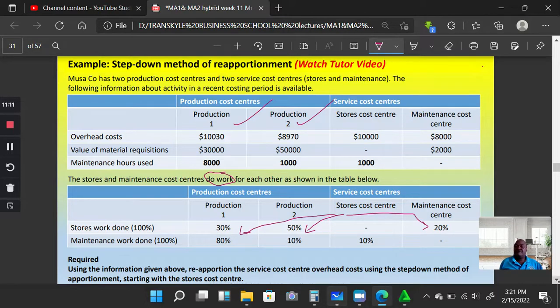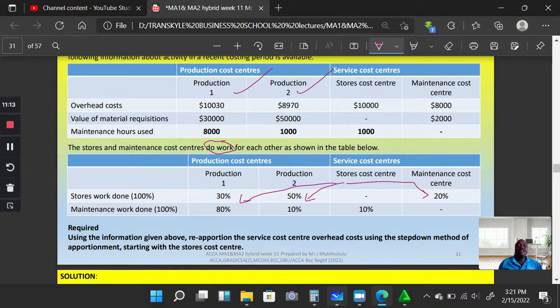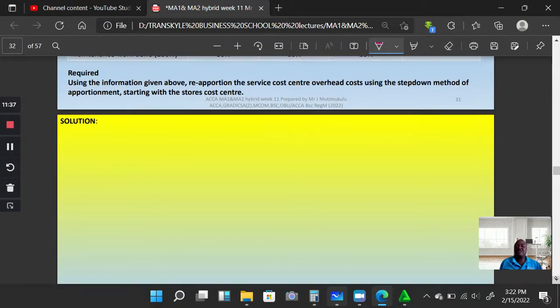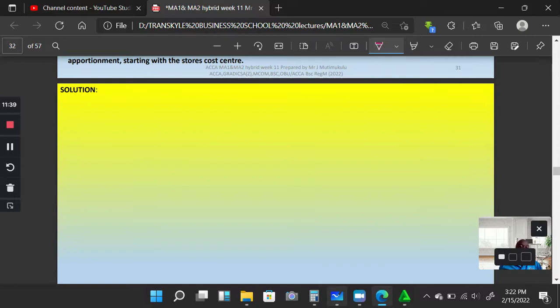Now, using the information given above, reapportion the service cost center overhead costs using the step-down method of apportionment, starting with the stores cost center. So we do not have to waste a lot of time. Let us go straight away. Okay, we will be playing with these figures in a moment, but let us first come up with a table.